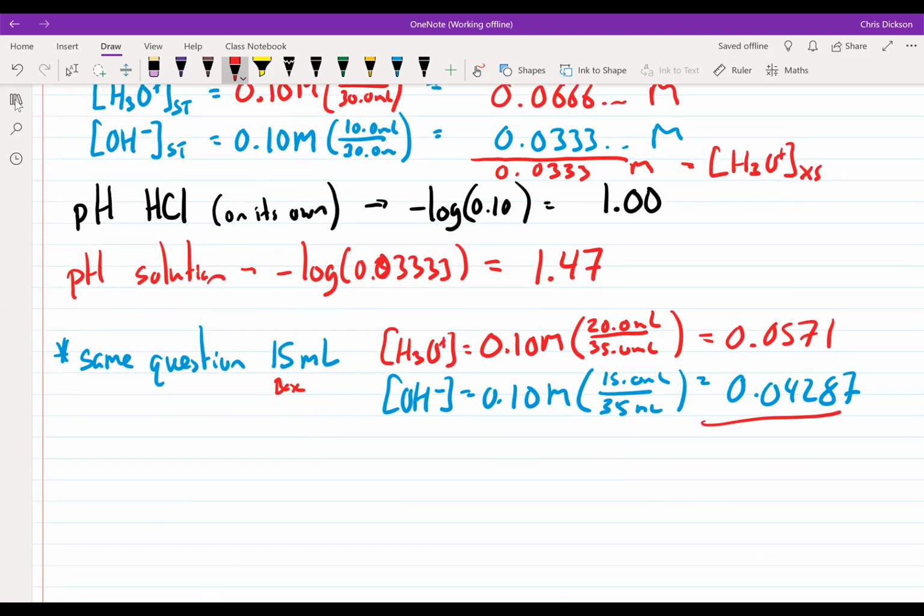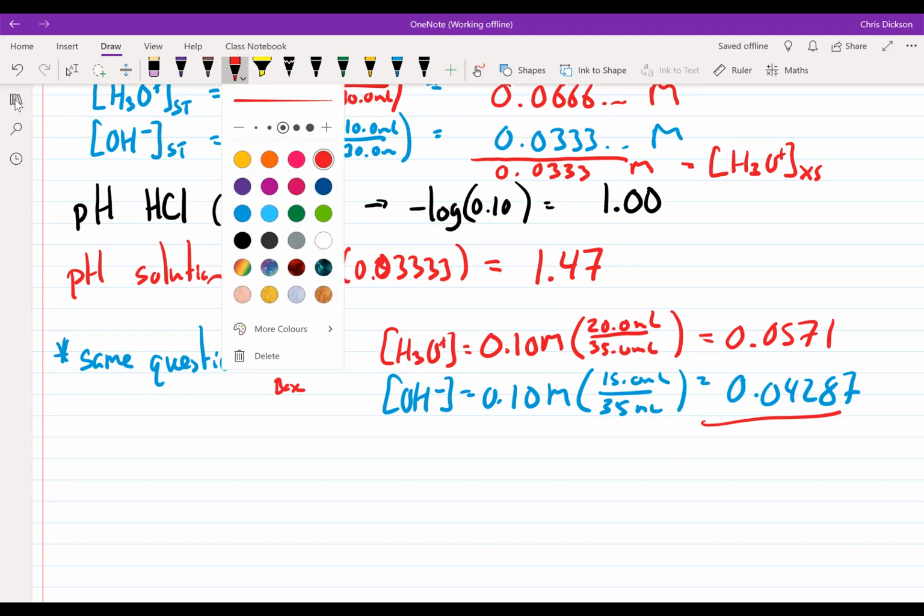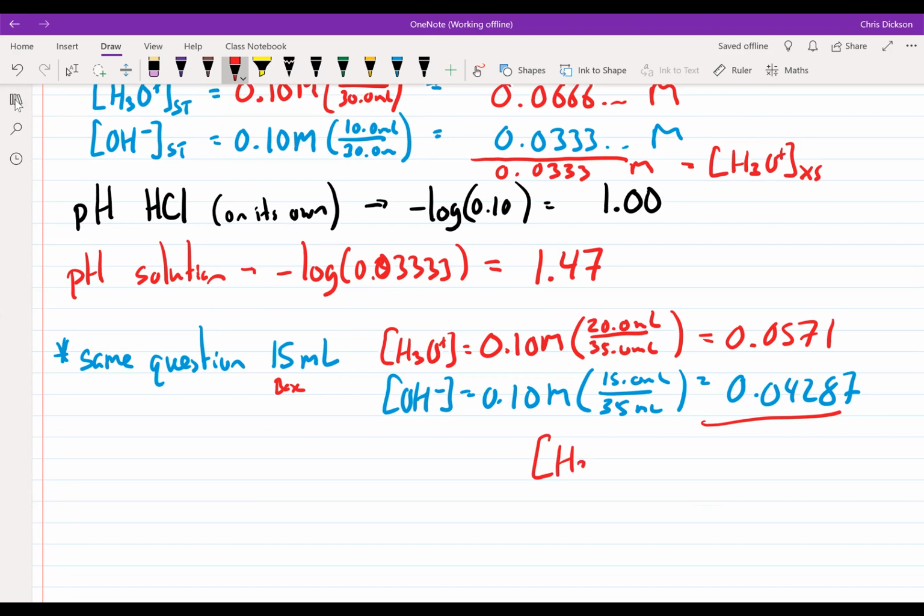So we are obviously in an acidic condition. So I go with that number minus 0.04287. So the hydronium in excess would be equal to 0.01427 molar.